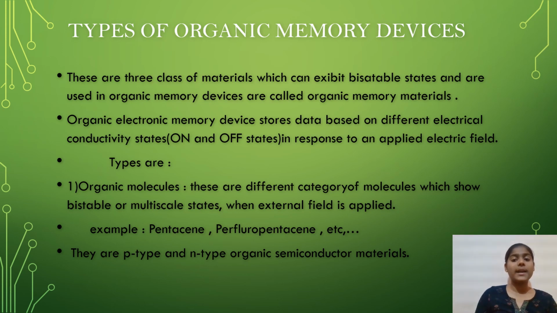The types of organic memory devices are, first, organic molecules. These are different categories of molecules which show bistable or multi-level states when an external field is applied. Example, pentacene, perfluoropentacene, etc. They are p-type and n-type organic semiconductors.